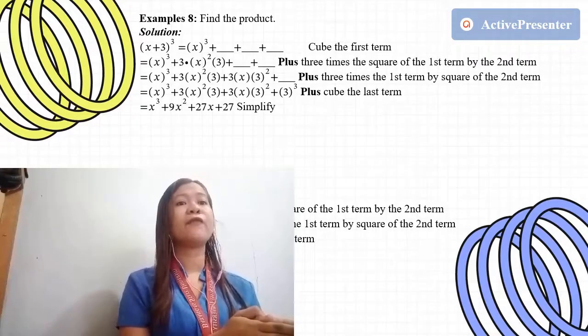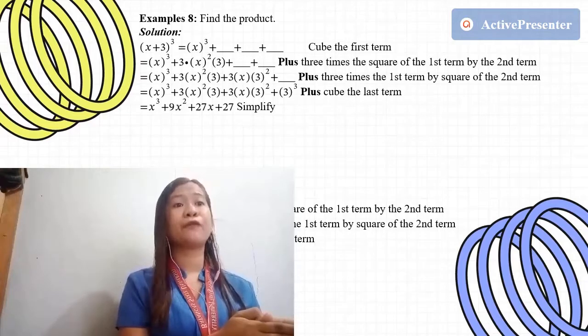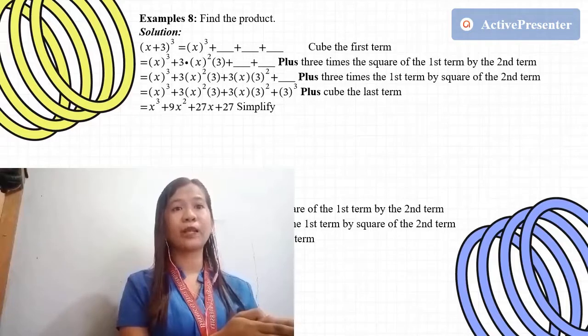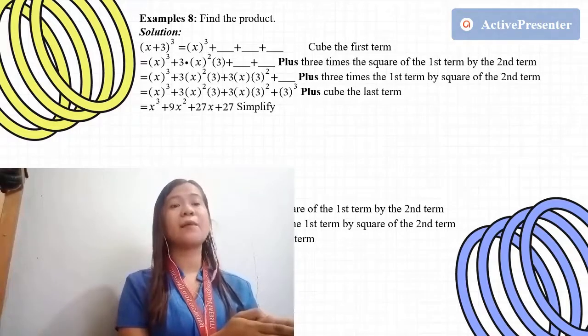Then, for the fourth term, we have plus the cube of the last term. Our last term is 3, therefore the cube of 3 is equal to 27. Then we have the final answer. So the cube of x plus 3 is equal to x cubed plus 9x squared plus 27x plus 27.